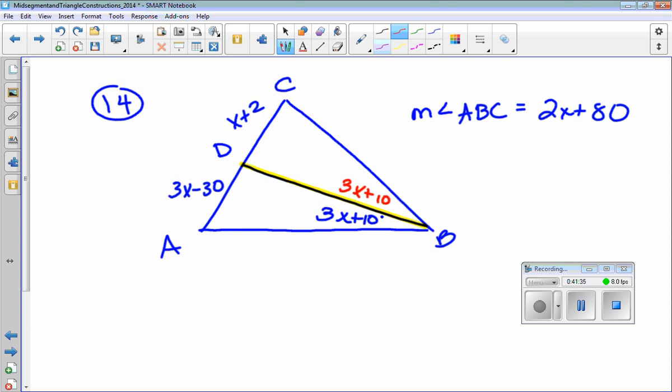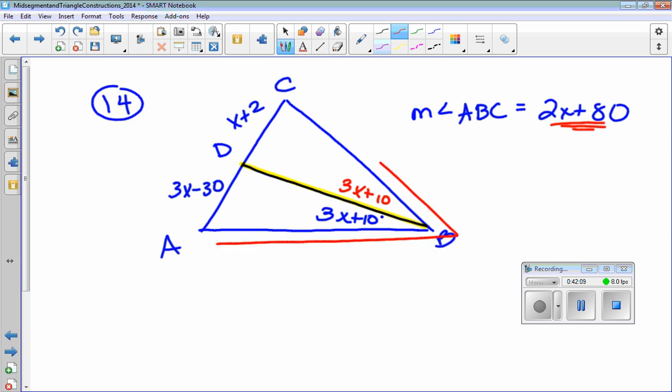So, what does that mean? What's the equation I'm going to write now? They don't equal each other. Well, they do equal each other, but x could be anything. I would say you get x equals x. We need this information, folks. We need the measure of angle ABC, because that's this whole angle, isn't it?